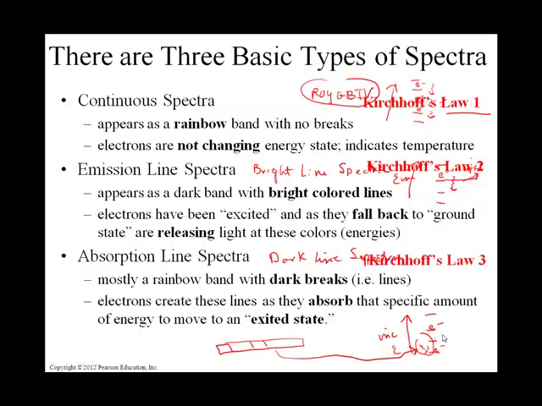Kirchhoff's law 3 would be the absorption lines, or the dark lines, where you have a rainbow and some colors are missing because those colors have been used to excite electrons to an excited state. So these spectral lines, whether they're absorption lines or emission lines, are characteristic of an element or compound.